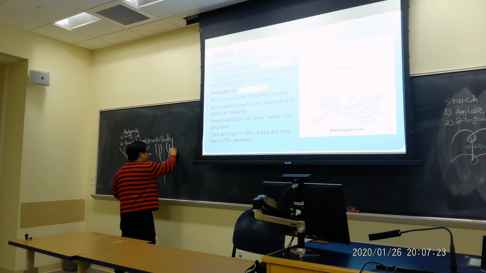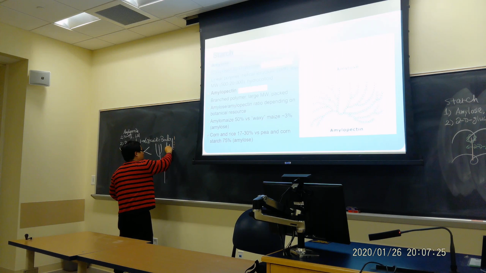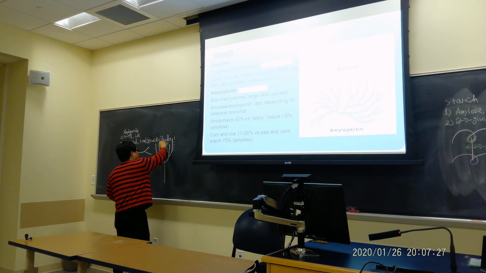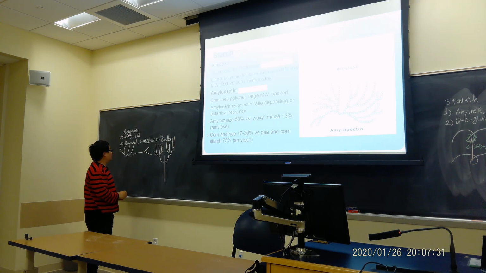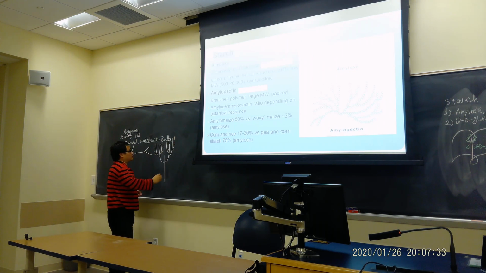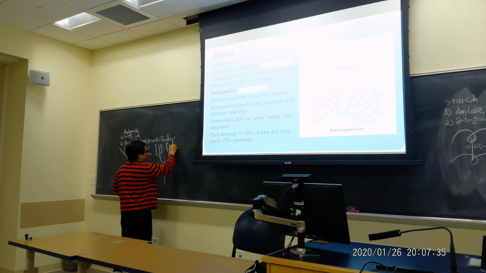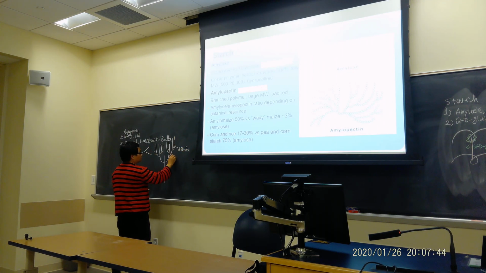Then, if you're more specific, you may see something like this. This is amylopectin. Okay, we call this an A band, or A section.